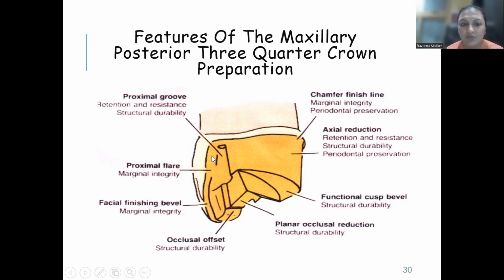Now, connecting these two grooves is the occlusal offset, which is a type of ledge created on the lingual incline of the facial cusp. Then is your proximal flare, that is the extension of the proximal groove facially, creating a flat geometrical plane. This is called the proximal flare, which is required for marginal integrity. And finally, the facial bevel, which again provides marginal integrity.